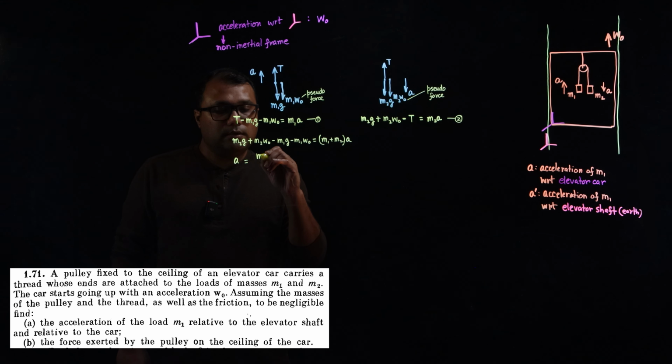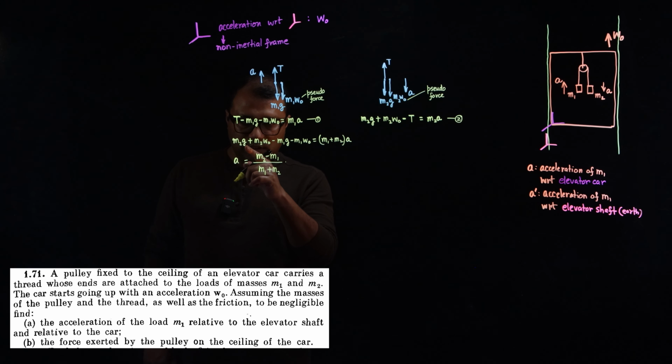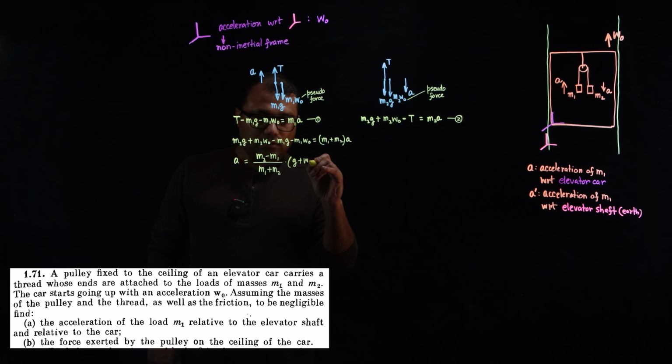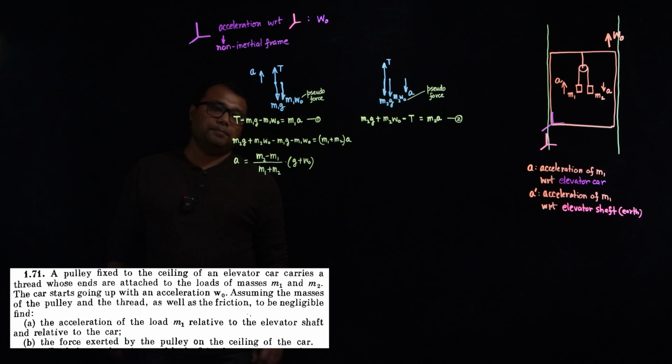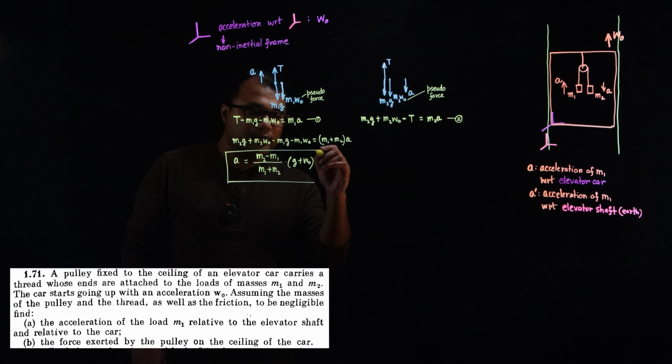So we can write (m2 minus m1) divided by (m1 plus m2) times (g plus w0). Okay. So that is the acceleration with respect to the elevator car.